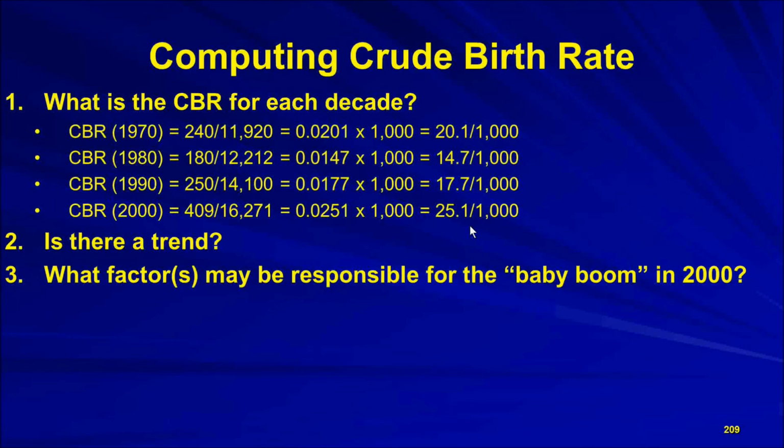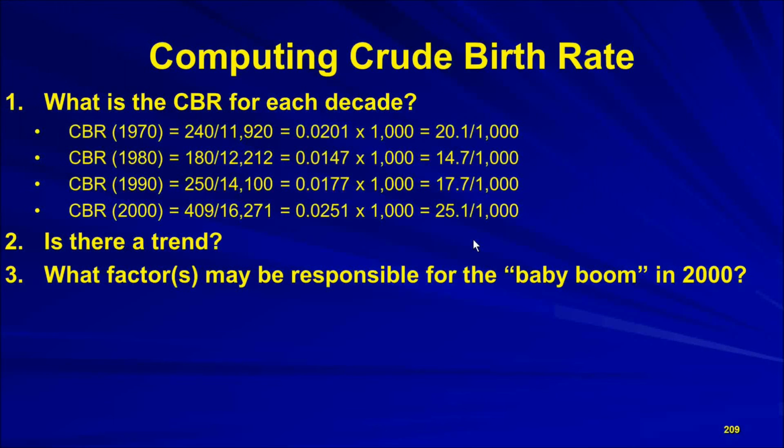So, what's the trend? Well, we have many different types of trends, and there are two trends that are very common in epidemiology. They're called a J-shaped trend and a U-shaped trend, and I'll show you those here in a minute and what they mean.